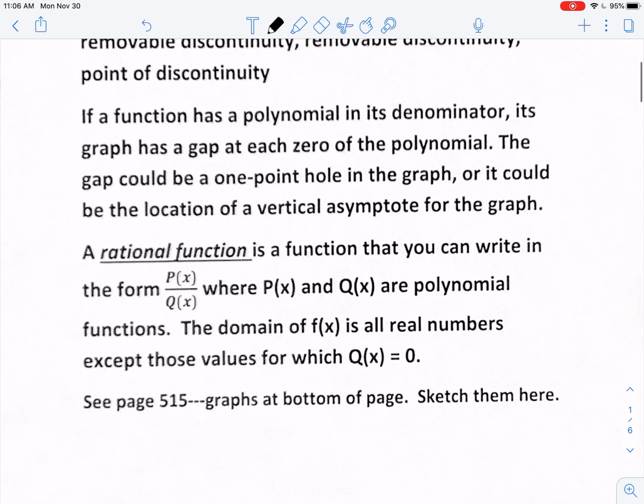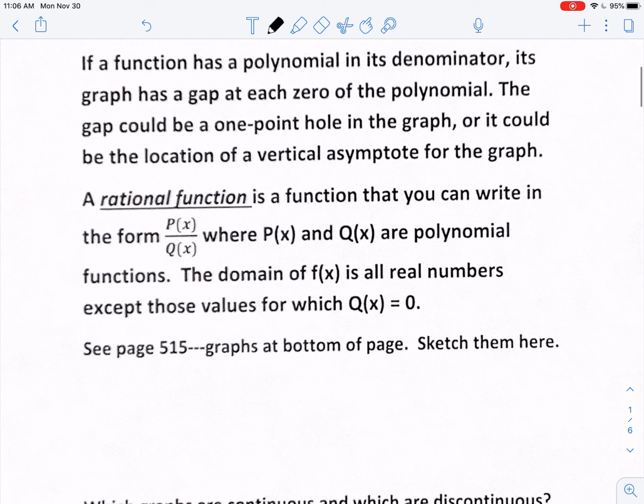If a function has a polynomial in its denominator, its graph has a gap at each zero of the polynomial. Okay, so the gap could be 1 point, meaning a hole in the graph, or it could be the location of a vertical asymptote.